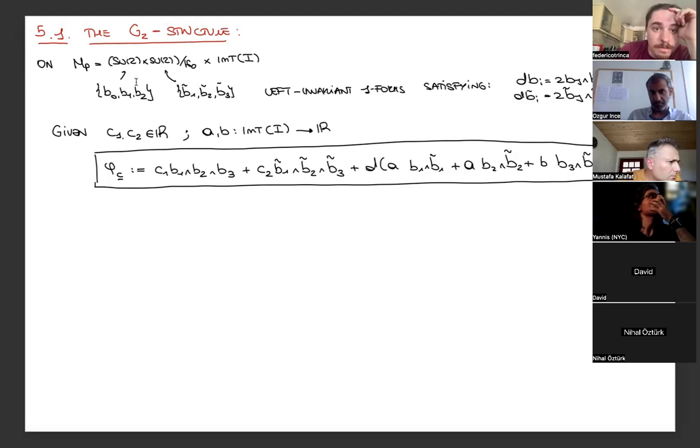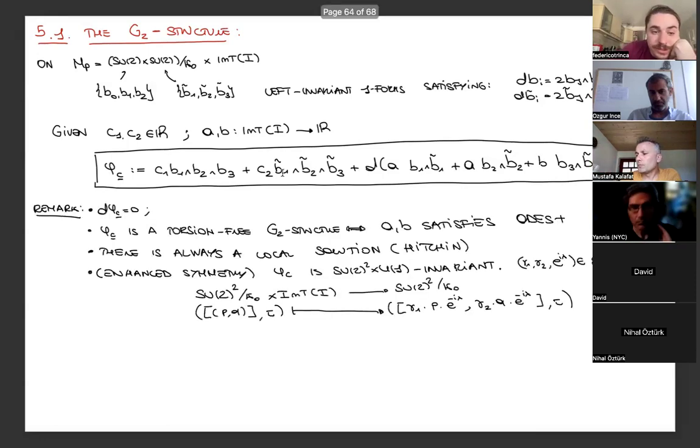The interval is going to be parameterized by dt, for instance, and on SU2 times SU2, we have the coframe of left-invariant one-forms that I mentioned before for the Bryant-Salamon manifold. On such an M°, I can define a three-form phi for some constants c1, c2 in R, which is given by this formula here.